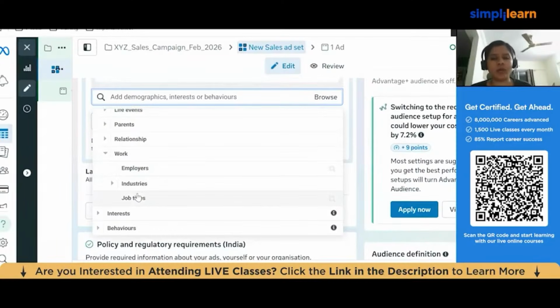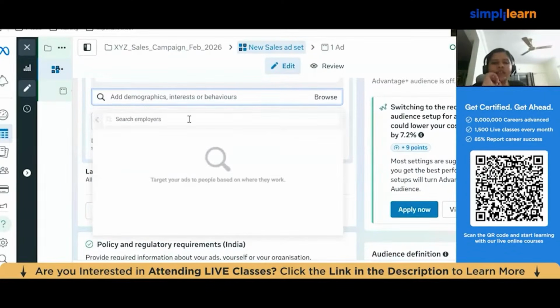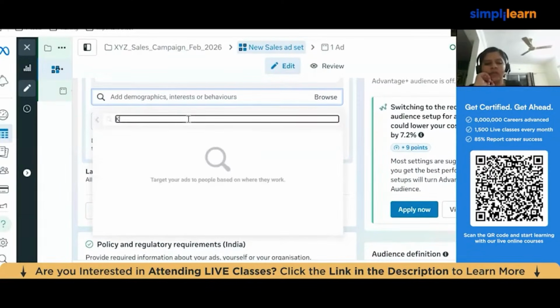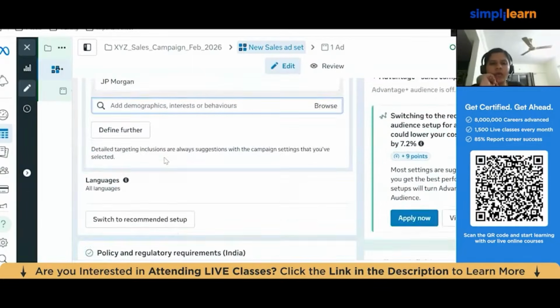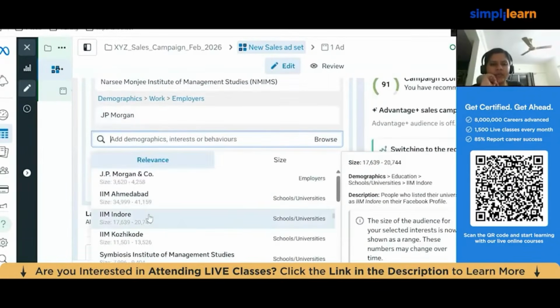Employer is basically where do they work, industry is basically in which industry they are working, and job title is like what is their designation. You can target, as I mentioned, employers instead of job title. So here you can search, let's say I want to target people working at JP Morgan. Now again, I'll get similar suggestions over here.